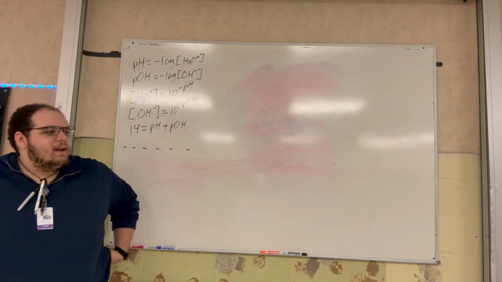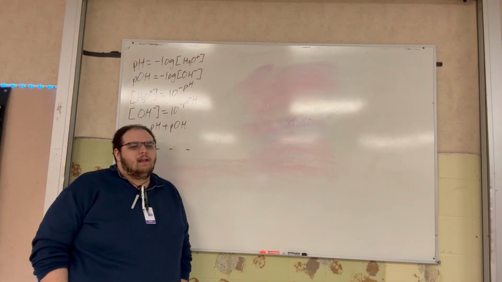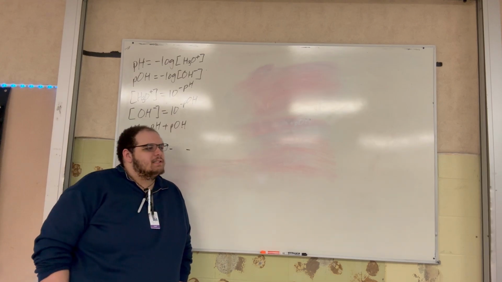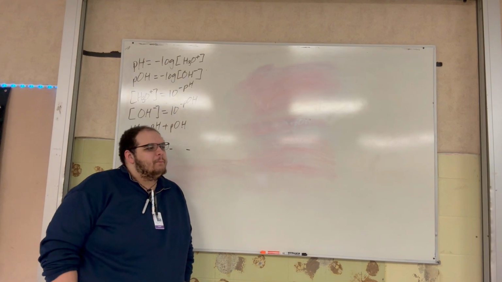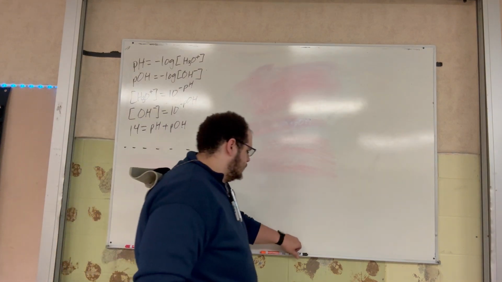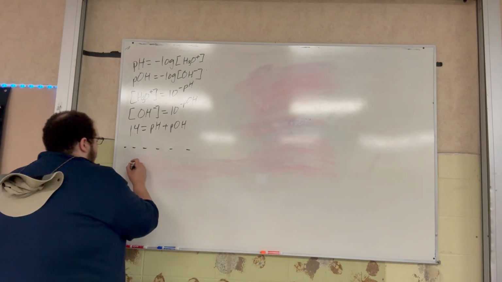Number 5. What is the concentration of HBr? What's the name of that acid? We should be really good at naming acids now. Hydrobromic acid in a solution with a pH of 2.11. What's my given here? 2.11, the pH of the HBr solution.